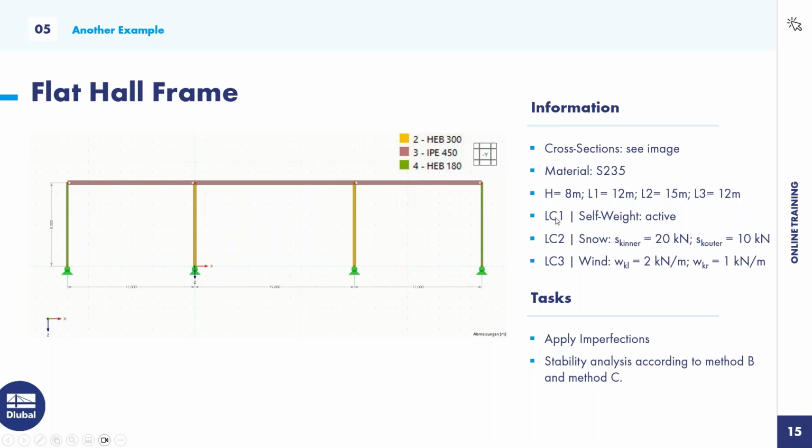So then 3 load cases: self-weight, snow, and wind. And the task for this example is to apply imperfections and the stability analysis according to method B and C. We start with method C, and then we apply imperfections and use method B.